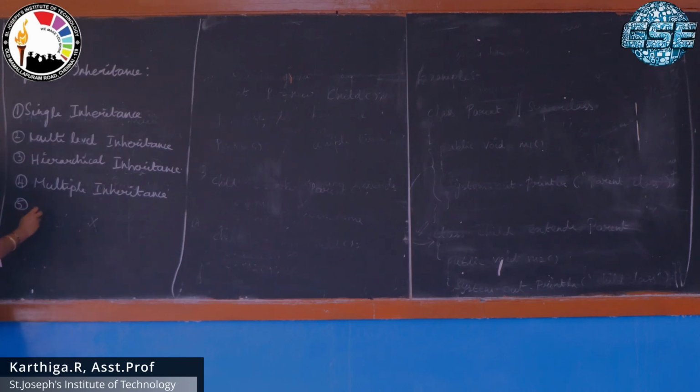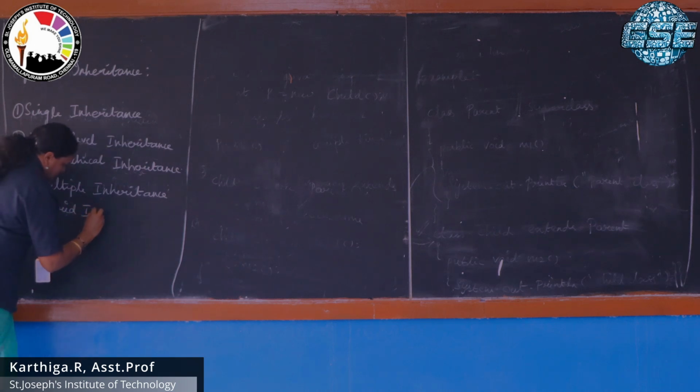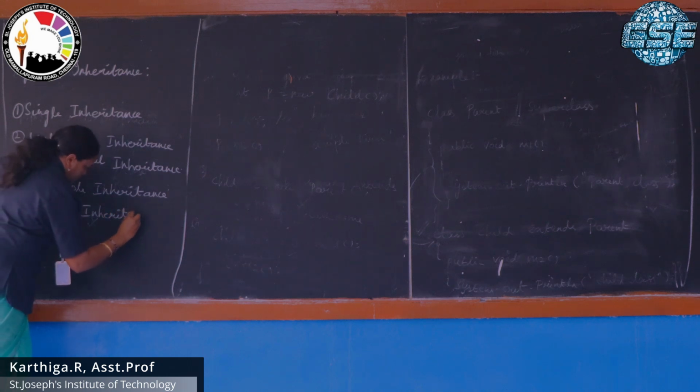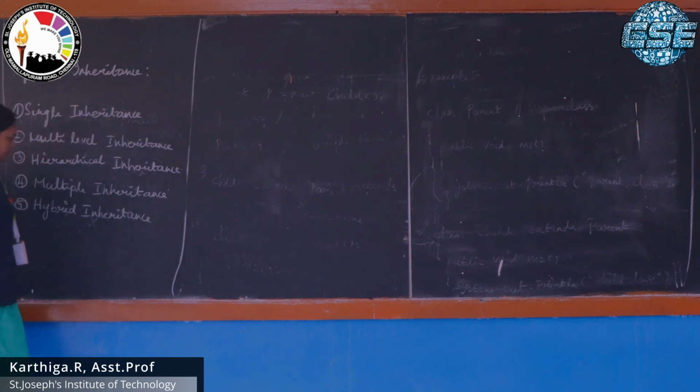Fifth one, hybrid inheritance. So 5 types of inheritance: single inheritance, multi-level inheritance, hierarchical inheritance, multiple and hybrid inheritance.